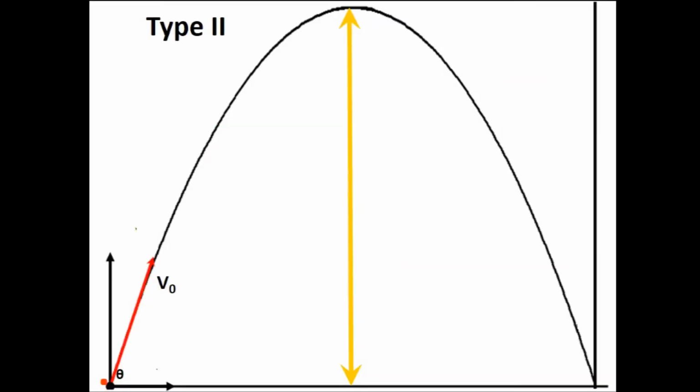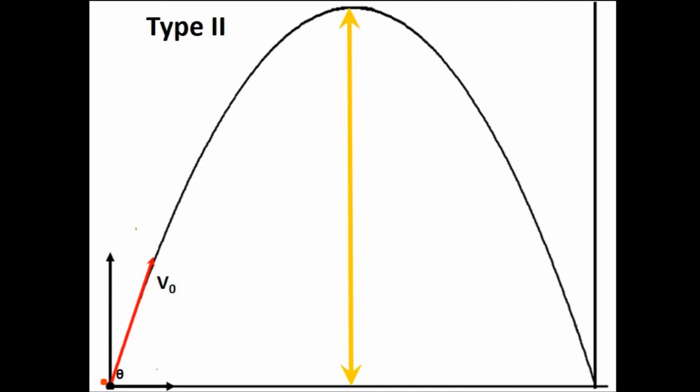So here's a type 2 projectile motion problem, and we have the initial velocity V naught, and we have an angle, and the projectile is shot at that angle, and we can calculate the Vy and the Vx.